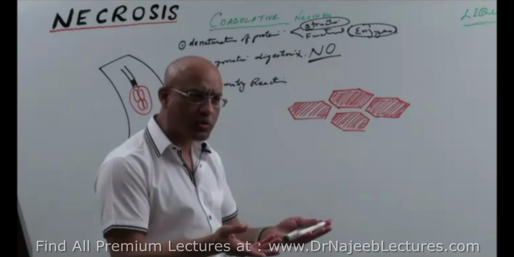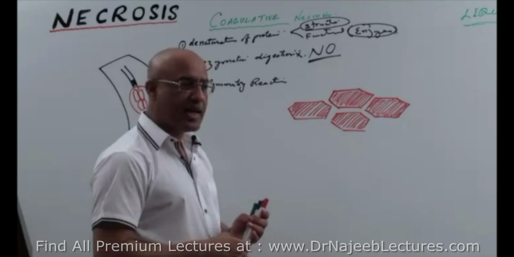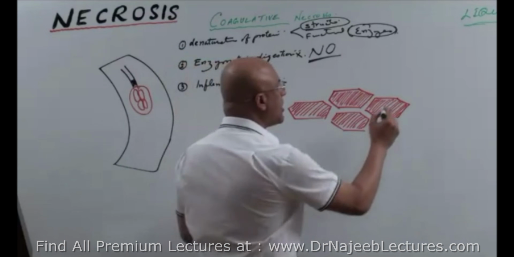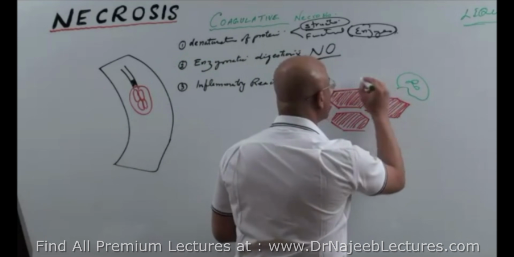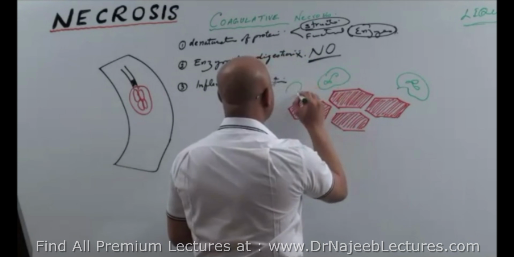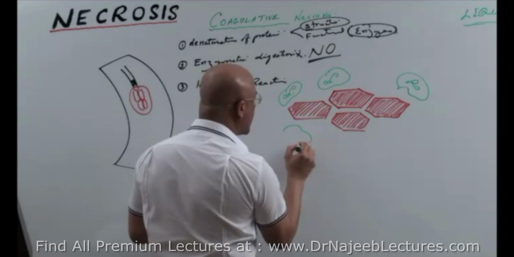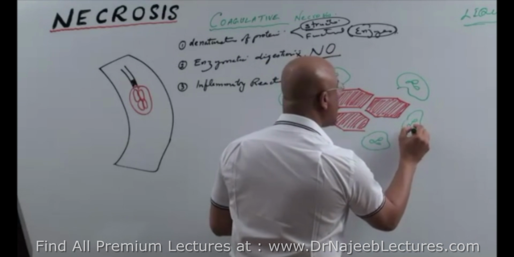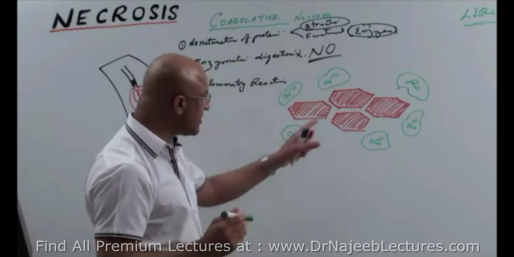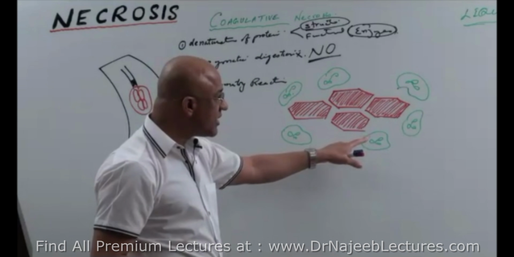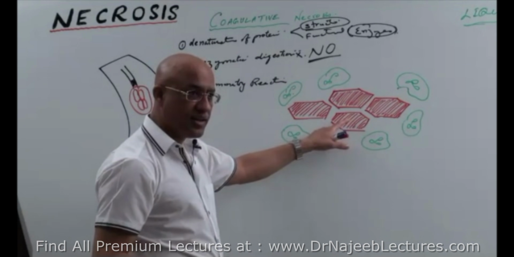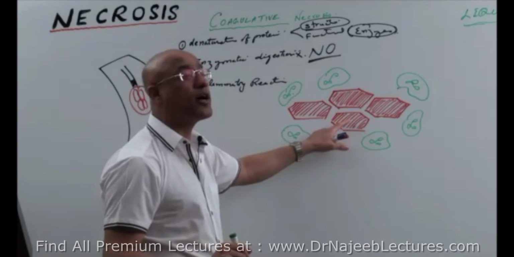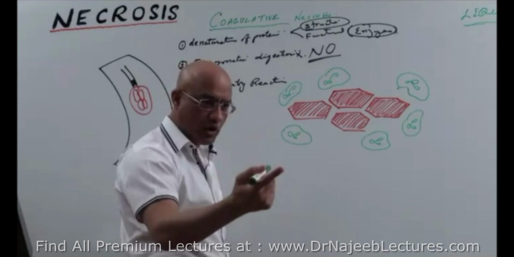Inflammatory reactions start around this focus of necrosis, and that inflammatory reaction will bring what cells? Neutrophils. So neutrophils appear there, and they start digesting these cells. But this digestion by neutrophil lysosomes is not autolysis, this is heterolysis.